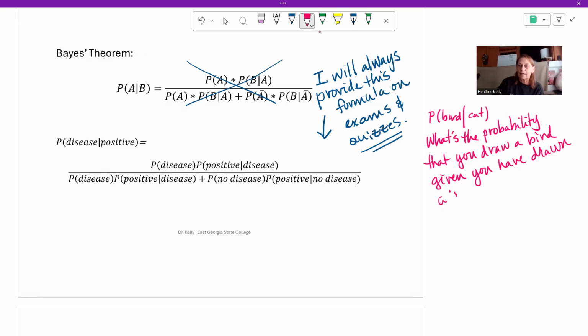Let's just pretend like it's cards that have birds and cats on them. So that's the wording there.